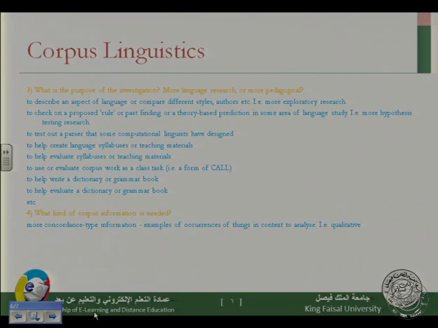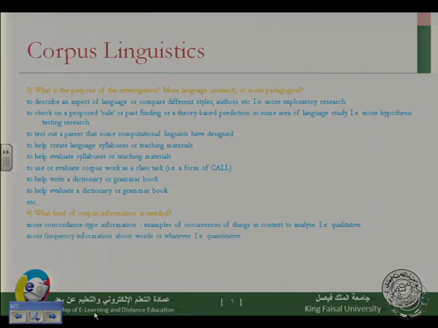As I said, concordance is the examples coming from the corpus. The examples coming from the corpus are called concordances. So we need these concordances to have context, more context for us, to give us the things that we want to analyze.